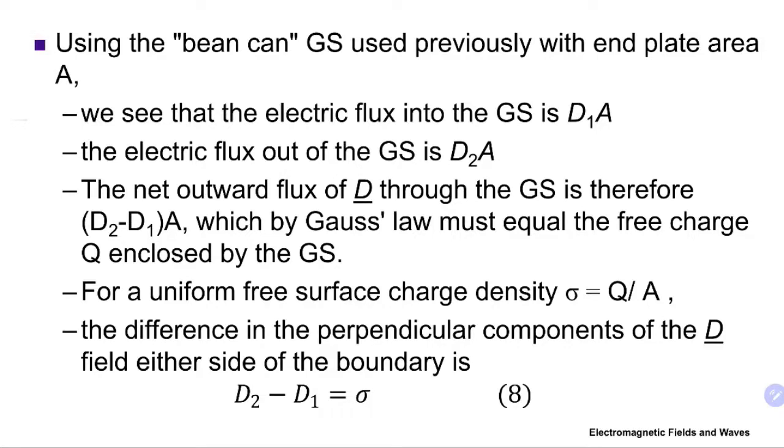And the charge enclosed will be equal to Q equals sigma times A. So if we put all this together, we have the equation D2 minus D1 times A equals sigma times A. And therefore we end up with this equation here, D2 minus D1 equals sigma, if there is a finite charge at the boundary.